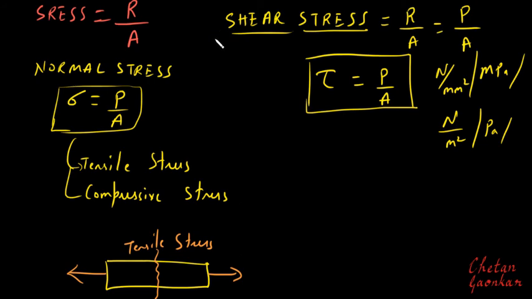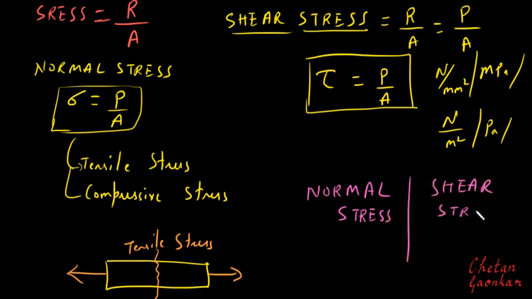So if you come across any types of stresses in this course, or later on in machine design, or any other courses, irrespective of what their name is, whether it is bearing stress or any kind of stress, it will be either a shear stress or a normal stress. So the stresses can be broadly classified as normal stress or shear stress, irrespective of any other names.